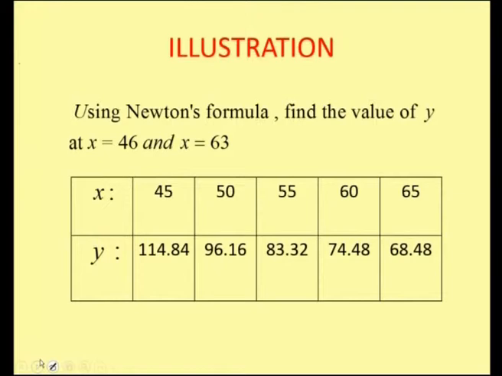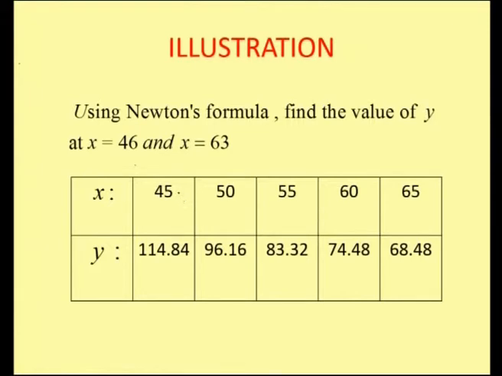Nabla is called the backward difference operator. We shall use this illustration to understand Newton's forward and backward difference formula. Using Newton's formula, find the value of y at x is equal to 46. You can see x values are 45, 50, 55, 60, 65 and y at 46 is to be found out. x is equal to 46 is actually one of the front values.